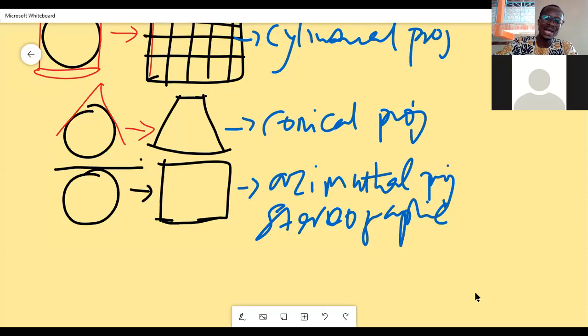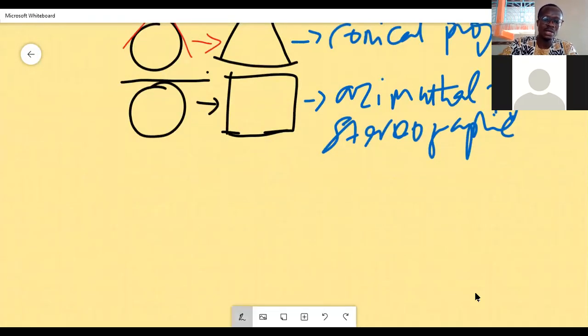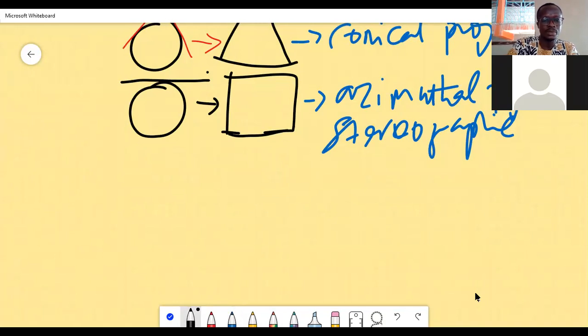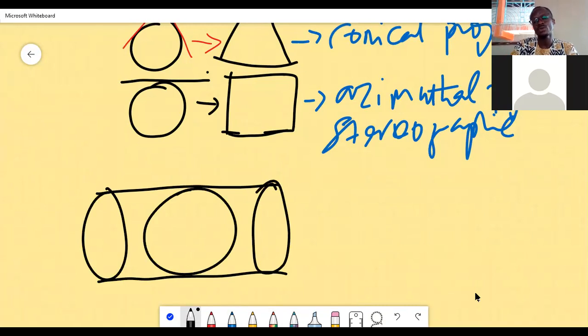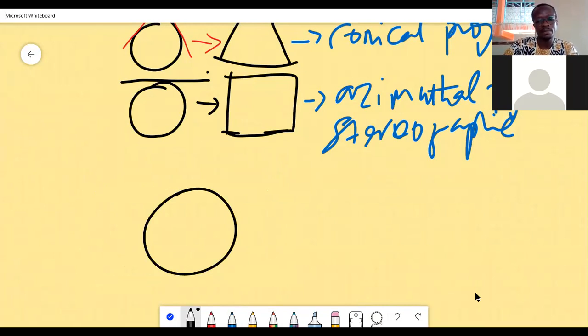Let's look at what we call the aspects of a projection. So you can decide that, okay, even though I want to use, excuse me, a cylindrical projection, I want to have it in a transversal orientation of the cylinder. So you can imagine, let me actually use red to depict the cylinder.